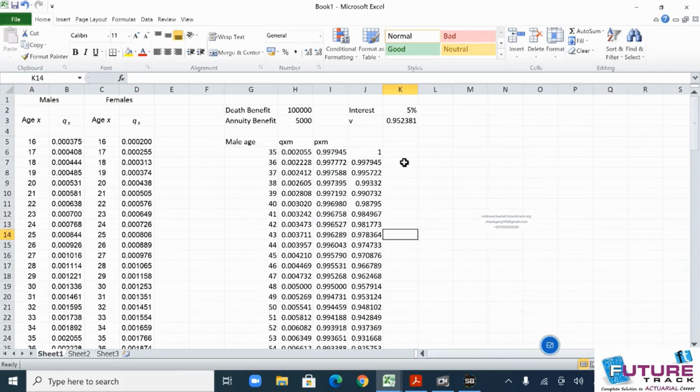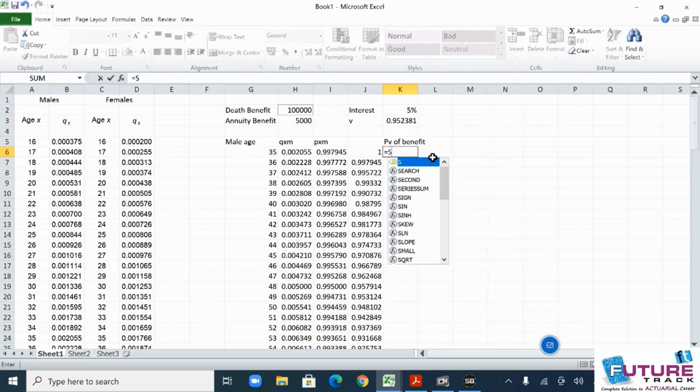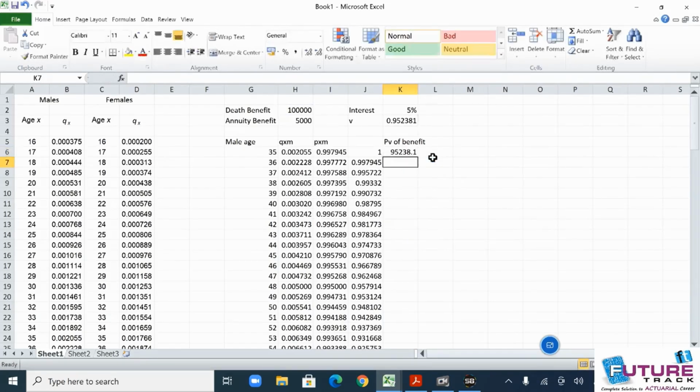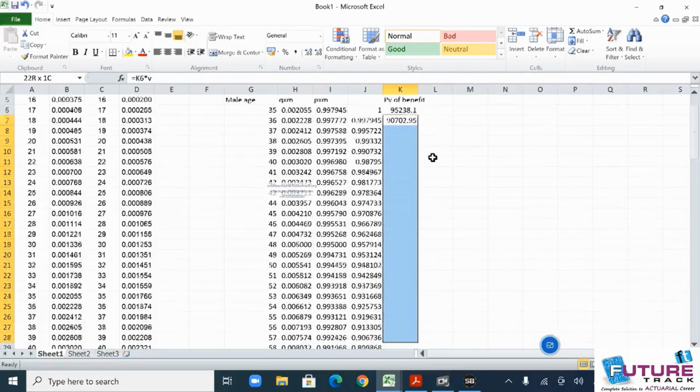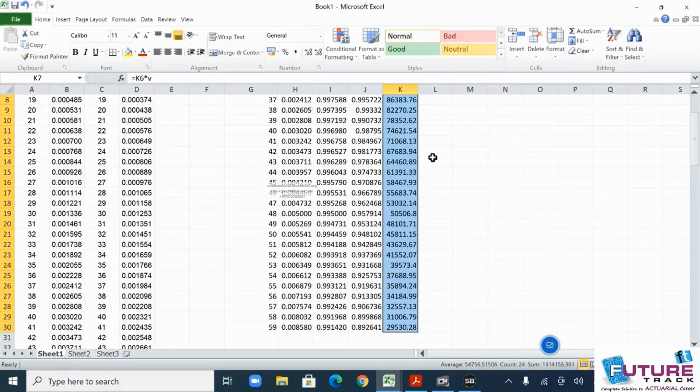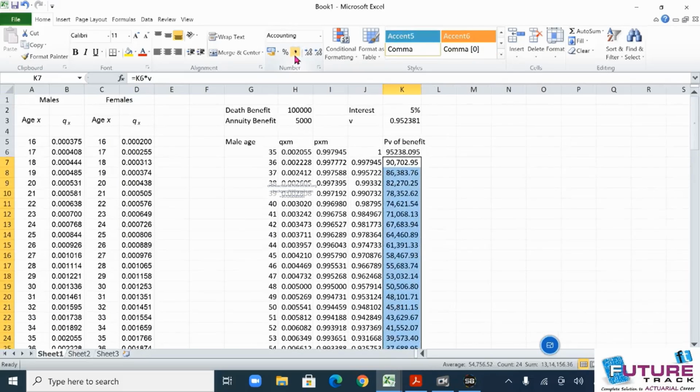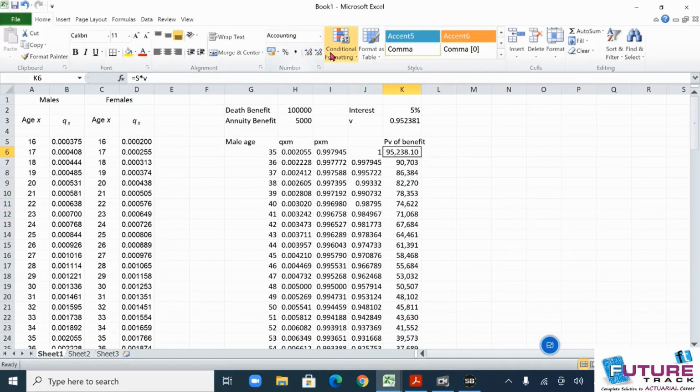Fine class. Now class, we need to find the present value of benefit. Present value of benefit is what? Sum assured into v, right? So if I multiply this above by v, we get v squared, and so on. Fine class, make it comma, remove the decimal places.